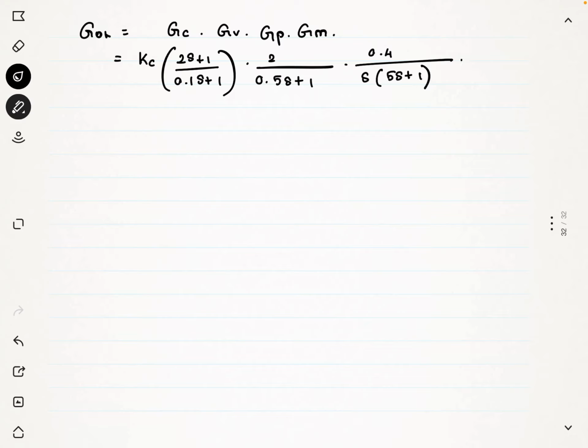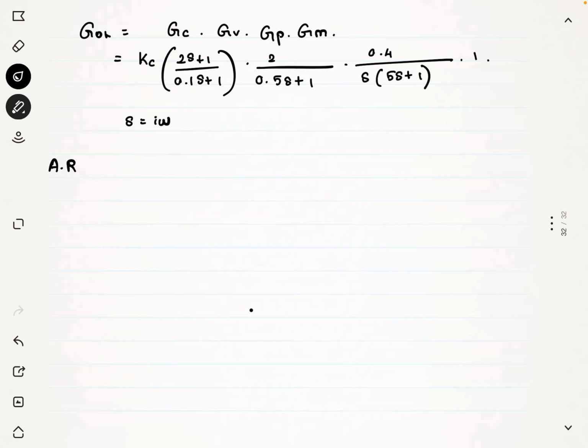And then finally GM. So it's the same procedure here to write down the equation of the amplitude ratio. We substitute s is equal to i omega first, and then take the absolute value.